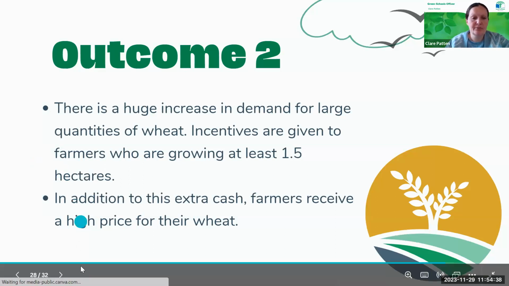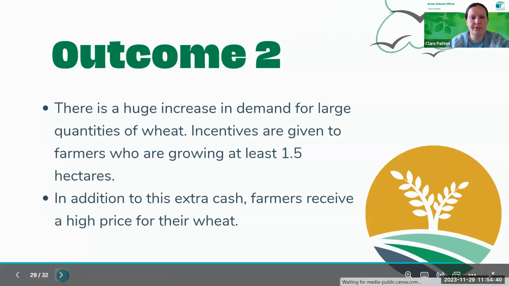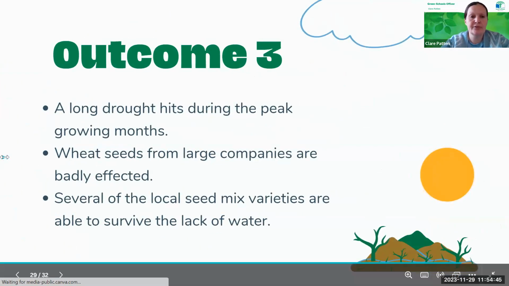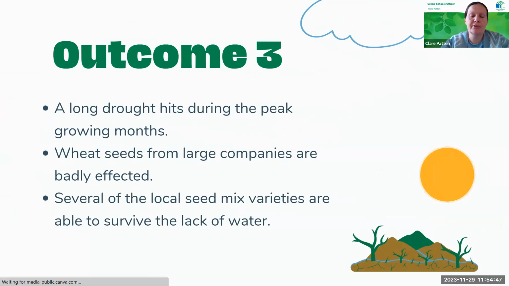Next one we're going to do is outcome 3. So what's happened here? So outcome 3, a long drought hits during the growing peak. So during the summer, there is very little rain, and the wheat seeds from the large company are badly affected. They're not able to survive without any rain.